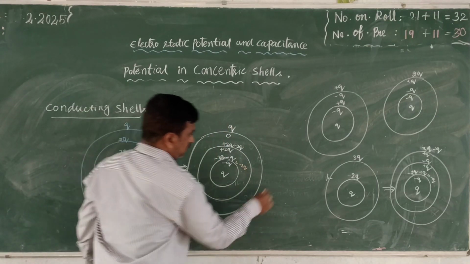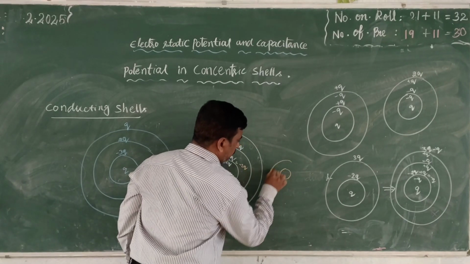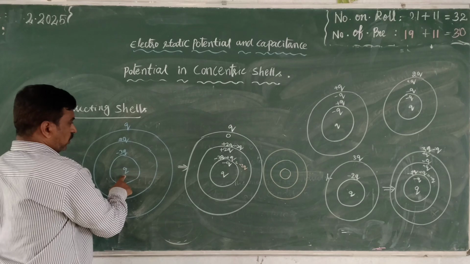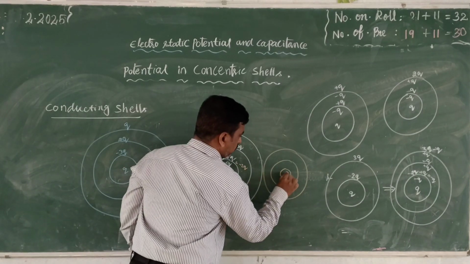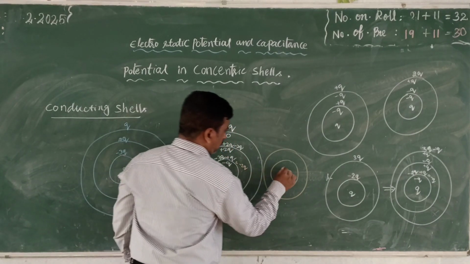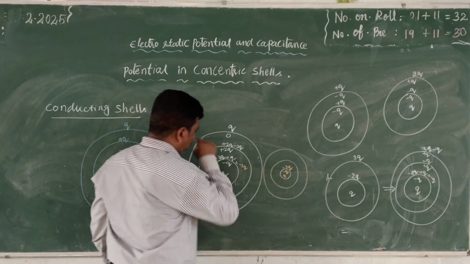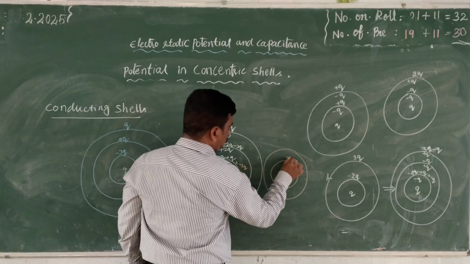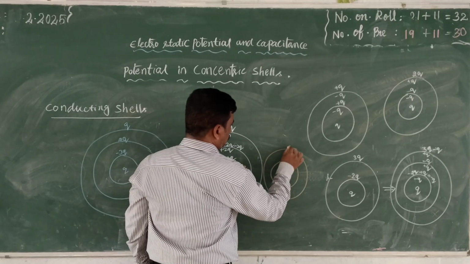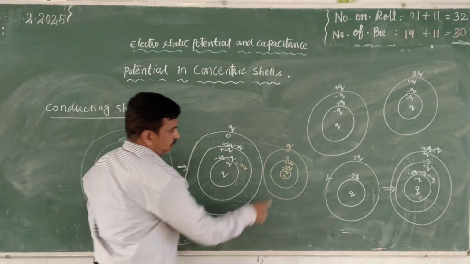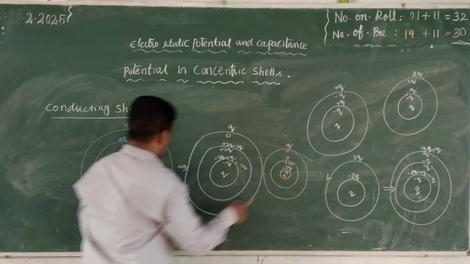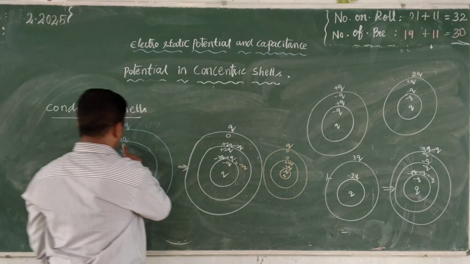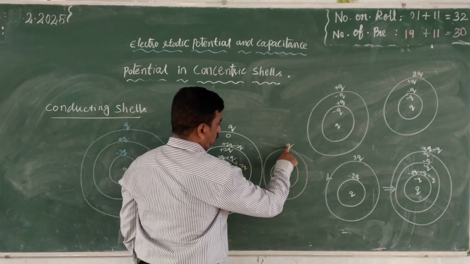Now I write here, this is the small sphere, next one, see how it will distribute: q, minus q, here minus 2q, here plus 2q, here 0, here 0, here q. Minus q and 2q, how much, minus 3q we get. Plus 2q, 0, plus 2q we get, so 0.